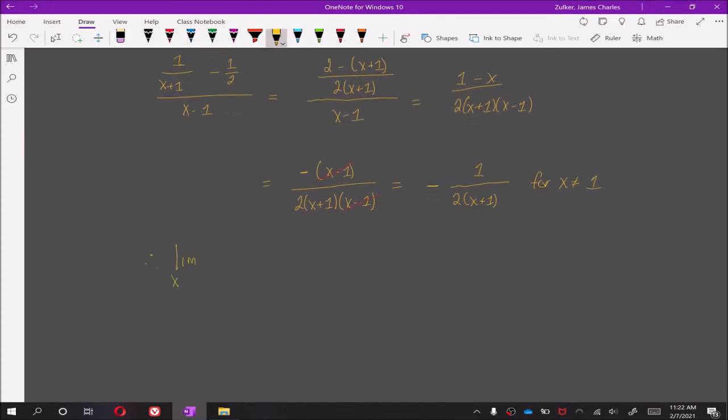So the limit as x approaches 1 of 1 over x plus 1 minus a half all over x minus 1 is now the limit as x approaches 1 of negative 1 over 2 times x plus 1. And this is equal to negative 1/4.